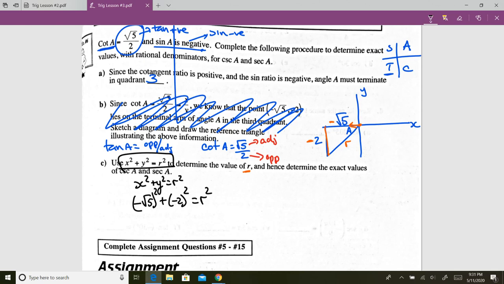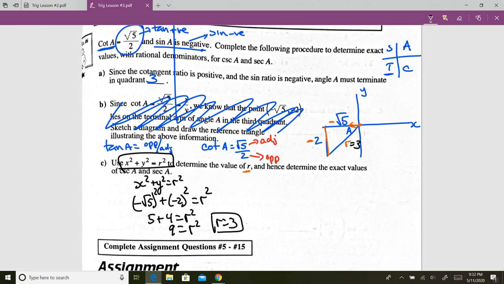Negative root 5 squared, so negative squared is positive, root 5 squared is just 5, plus negative 2 squared, 4. 5 plus 4 is 9, so r is equal to 3. So there's 3.